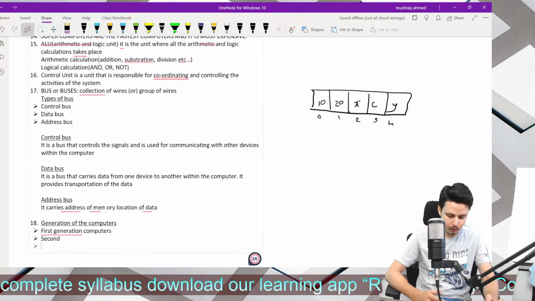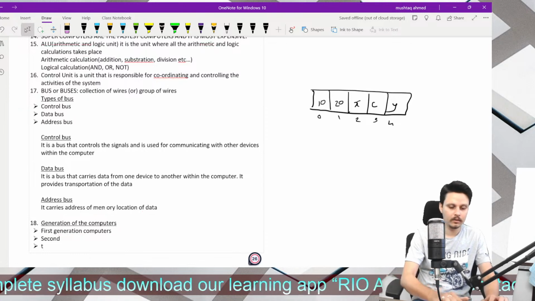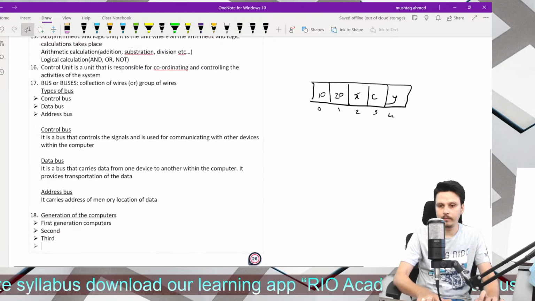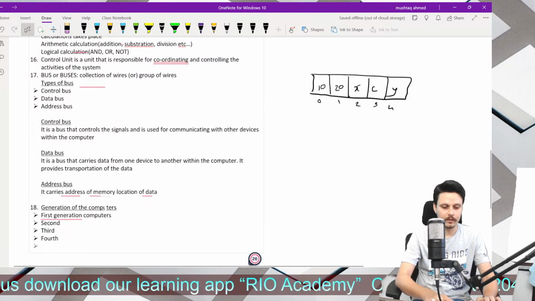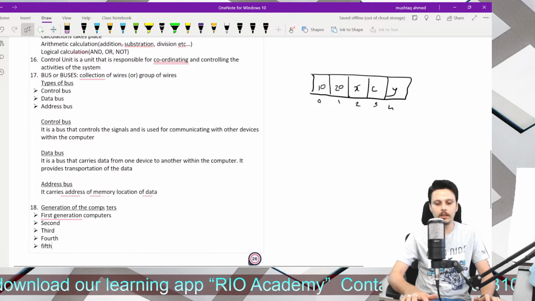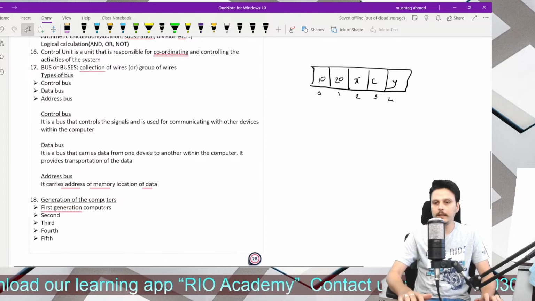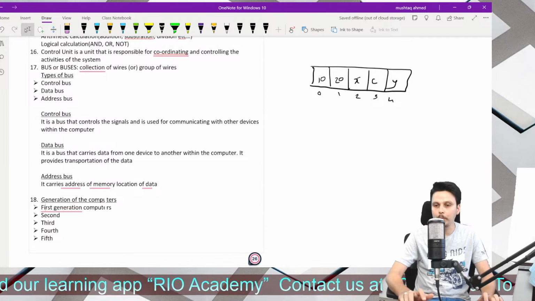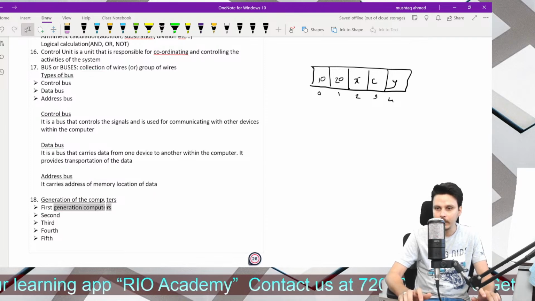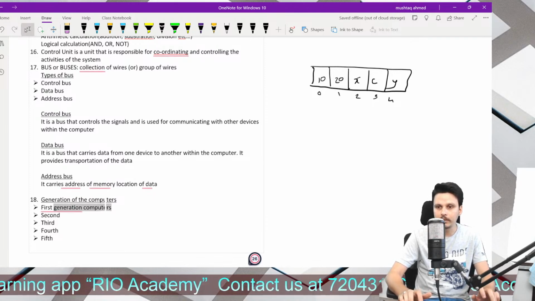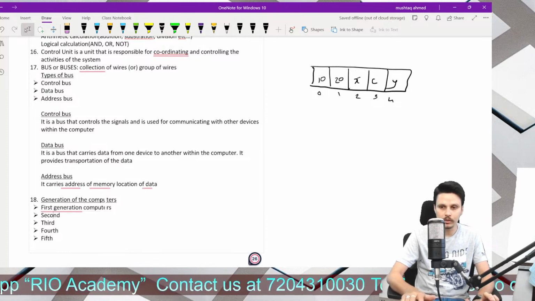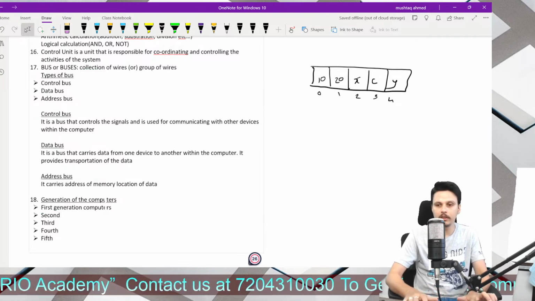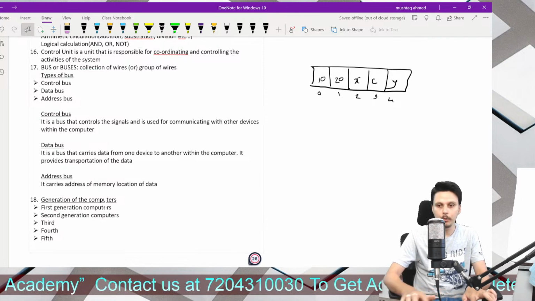Third, fourth, and fifth generations of computers. There are total 5 generations in computers. Presently, we are in the 5th generation of the computers. All the computers we use come under the 5th generation of computers.